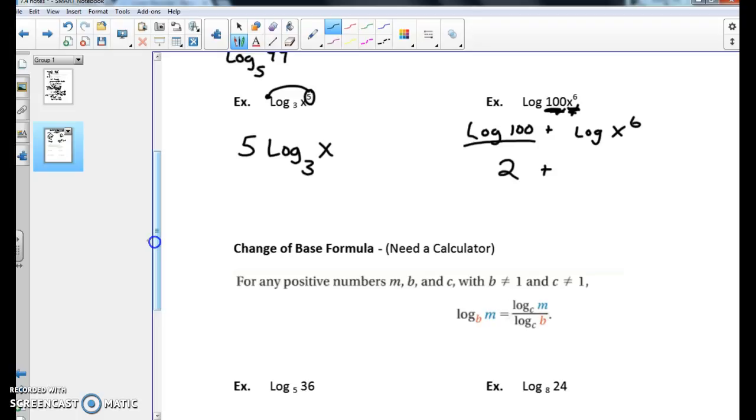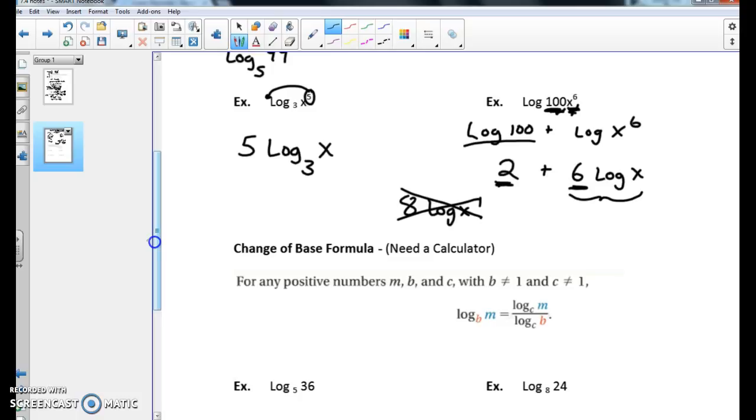Now the other piece of this, the log x to the 6th, let's use our power property and bring that 6 down in front. We get 6 times log x. Now a lot of people at this point would want to say, oh, I can combine the 2 and the 6 and make this 8 log x. Ta-da! No, you can't do that. 2 and the 6 are in separate terms. 6 is attached to this log x thing right here.